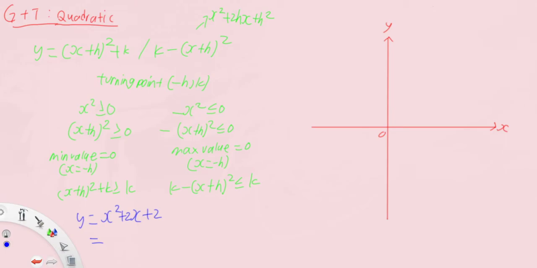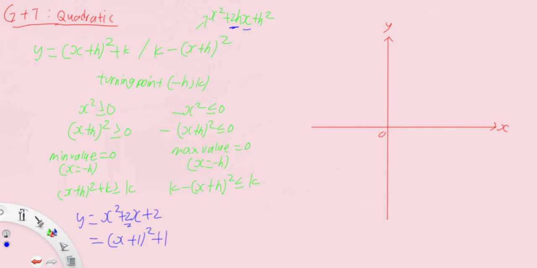The focus is always on the coefficient of x. The coefficient is now 2h, so the coefficient is 2, and we divide by 2. Therefore, (x plus 1) squared. We know that 1 squared equals 1, so we need another 1, so plus 1.